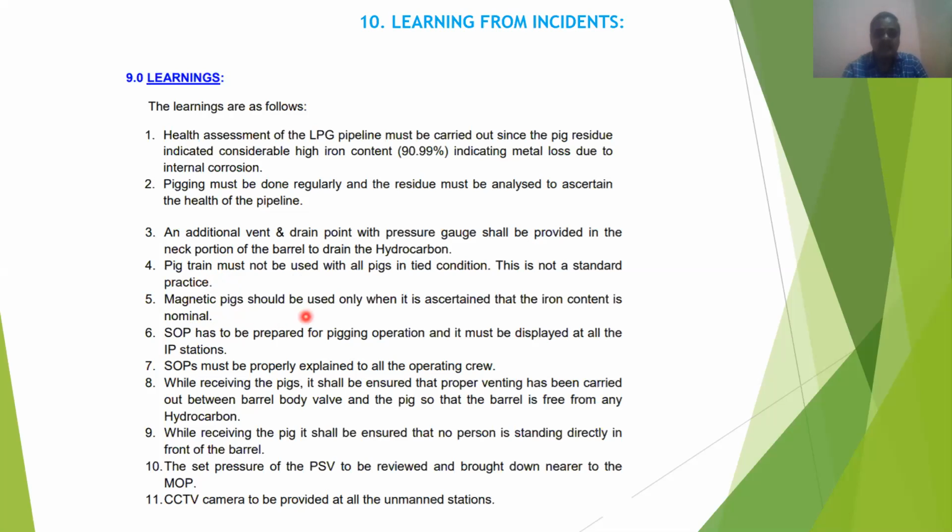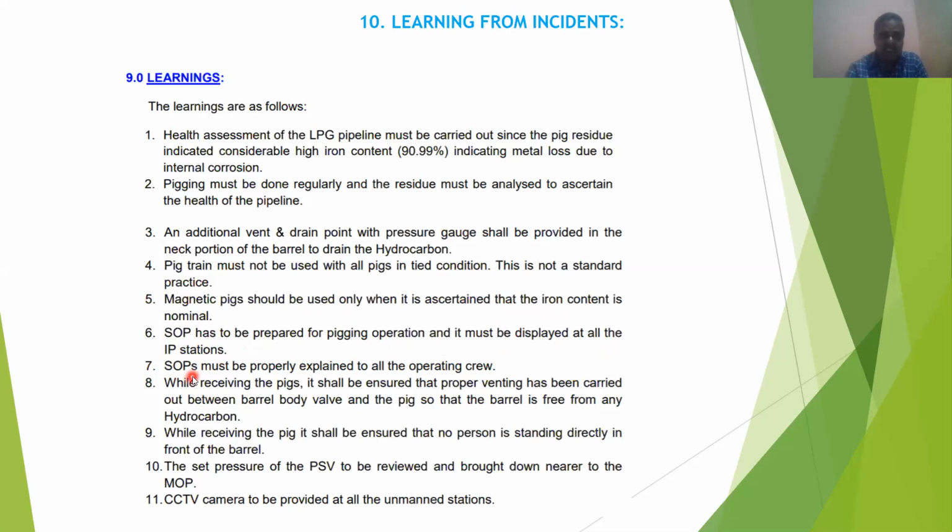Then the magnetic pig should be used only when it is ascertained that the iron content is nominal. You cannot use magnetic pigs as and when you wish. That's the reason the magnetic pig should be used only when it is ascertained that the iron content is nominal. Okay. An SOP has to be prepared for pigging operation and it must be displayed at all the IP stations.